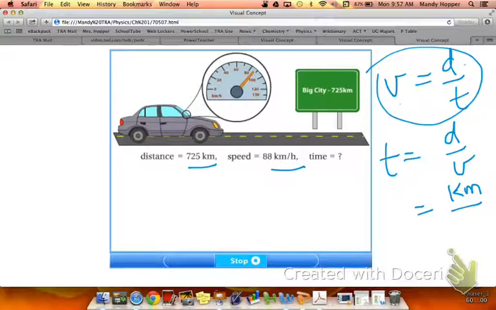I typically use HR for hour. You notice anything special that happens to those units? Km cancels out. And then you're left with 1 over hour. So hour actually ends up being back in the numerator.